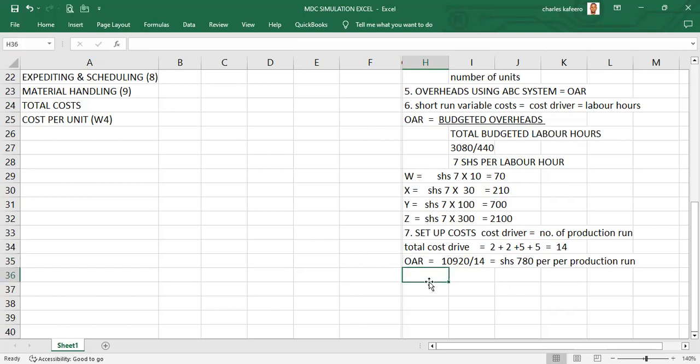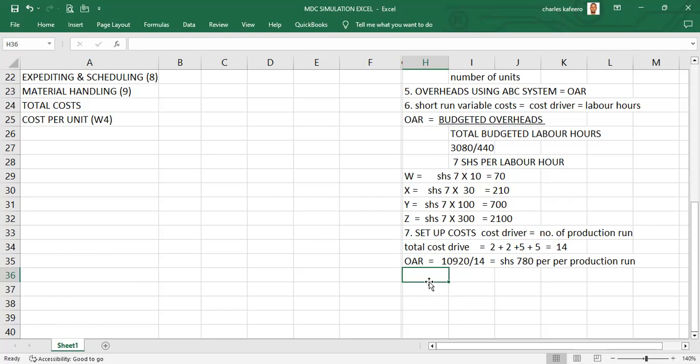In other words, when you have got the OAR, the next step is to allocate each product with the related cost of that setup. So it will be the OAR times the number of units.